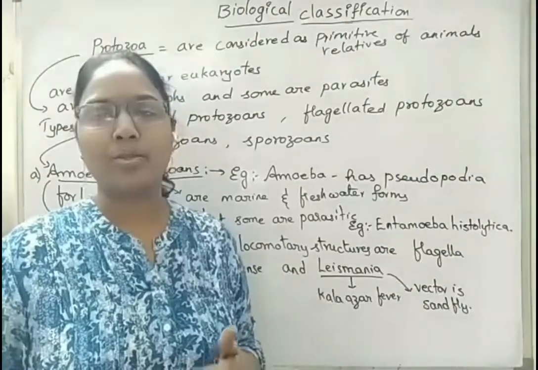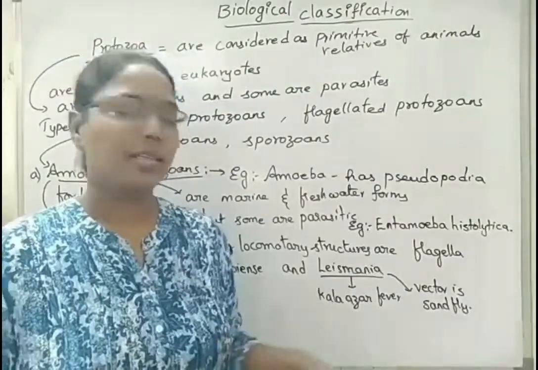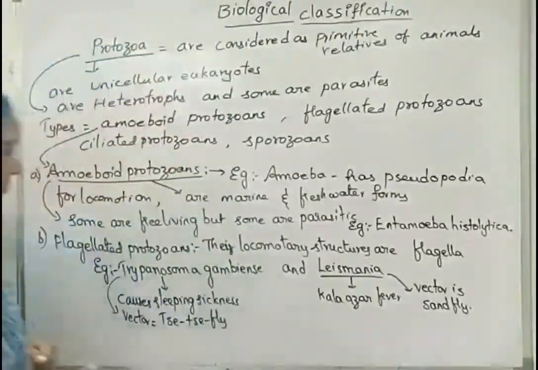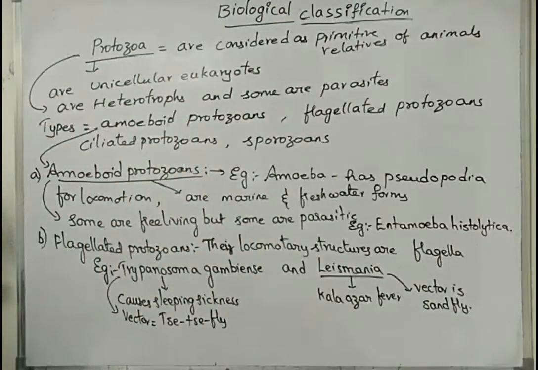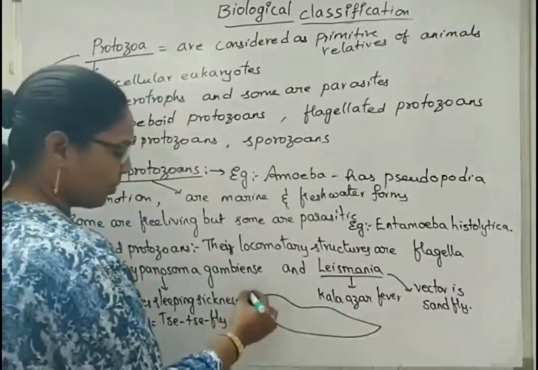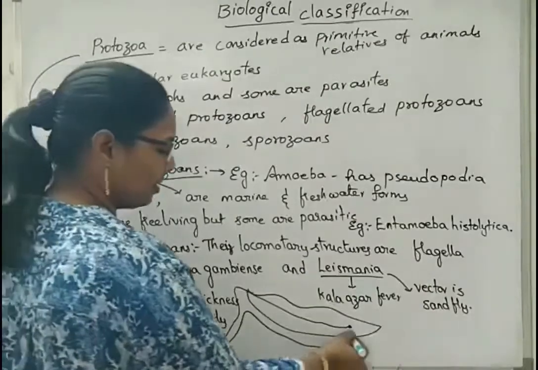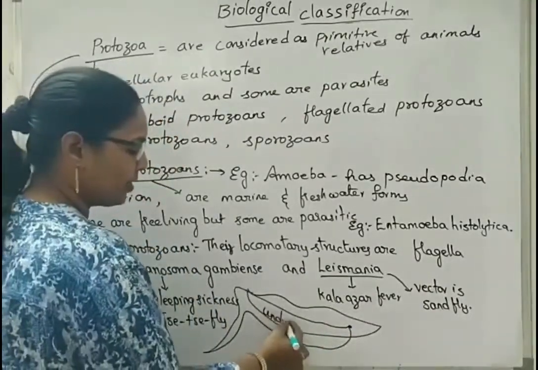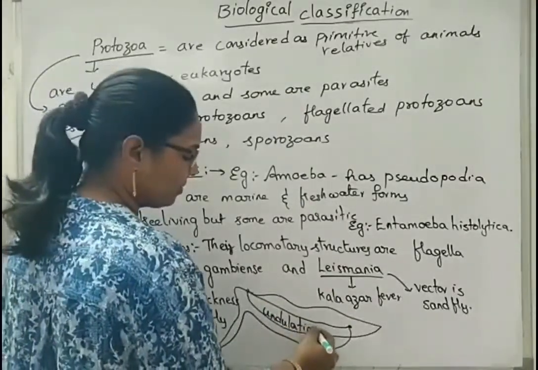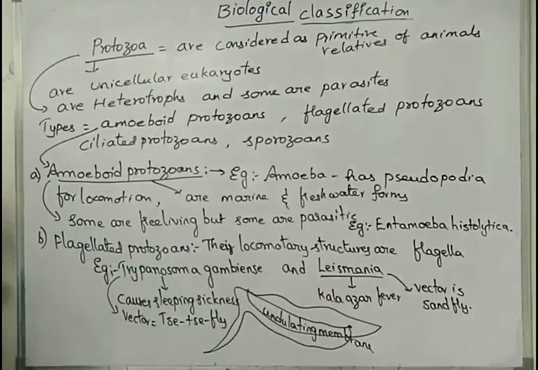Likewise, Trypanosoma gambiense causes sleeping sickness, and Leishmania causes Kala Azar fever, and its vector is the sandfly. If you see Trypanosoma gambiense, this is the protozoan organism. Here one membrane starts. This membrane is called the undulating membrane, which is transparent. We see it in case of Trypanosoma gambiense.